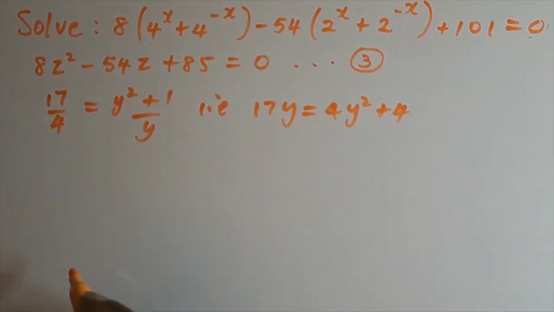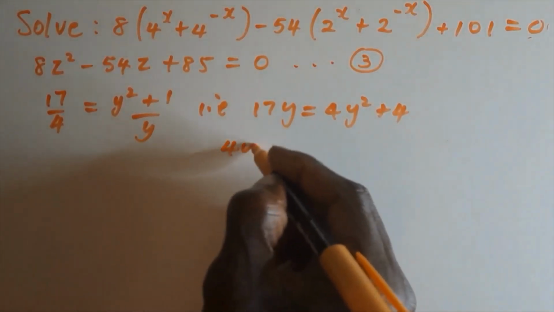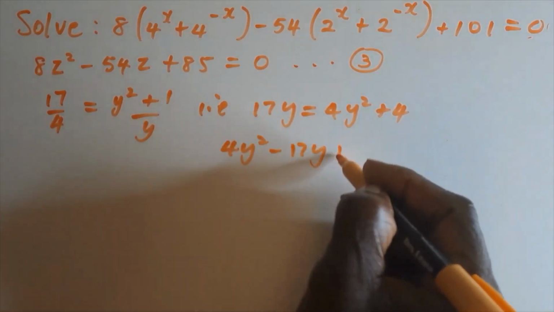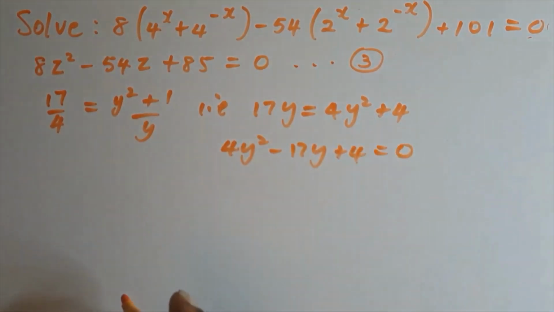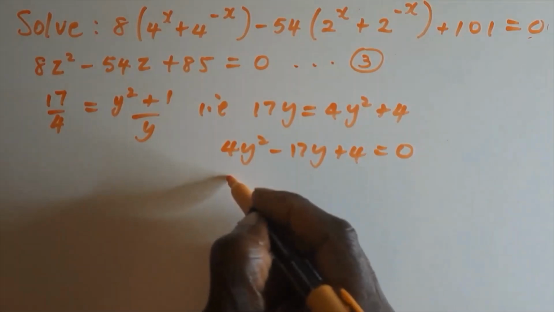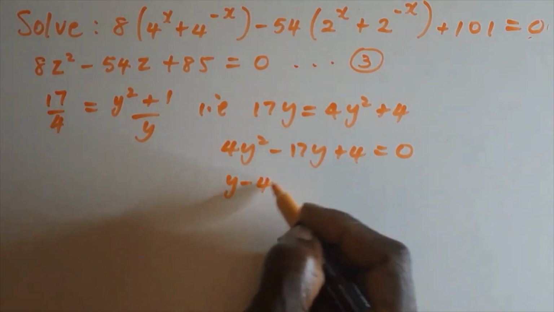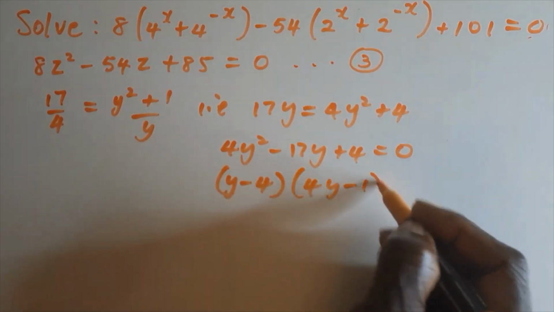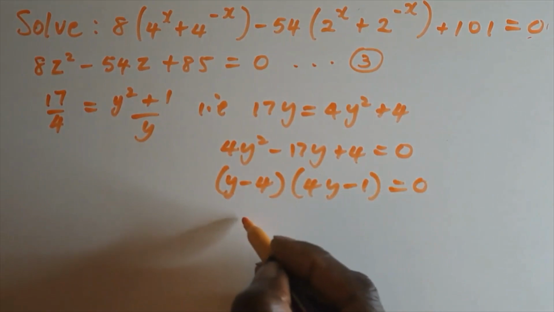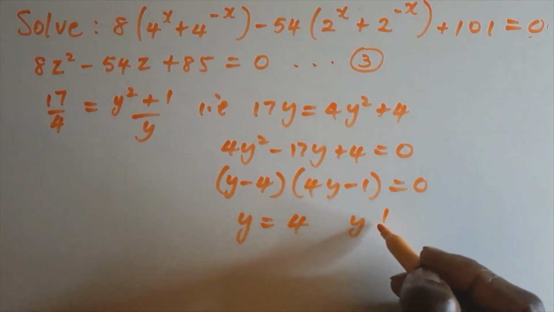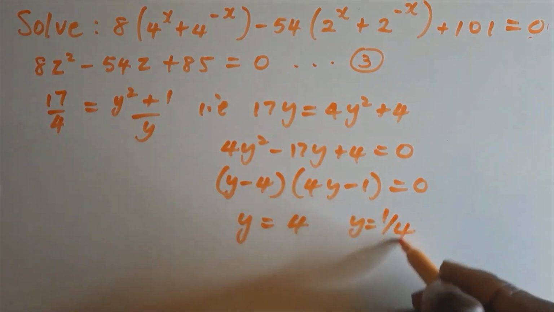And we can rearrange this as 4y squared minus 17y add 4 is equal to 0. Now we're solving this quadratic in y, which allows us to factorize it as y minus 4, 4y minus 1 equals 0, which gives us y equal to 4 and y equal to a quarter.